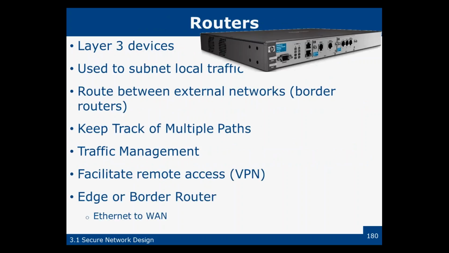Routers are layer 3 devices. We have routers that route in software and layer 3 switches that switch based on IP address in hardware. So if you have a layer 3 switch, it's A, going to have more ports, and B, it's probably going to be faster. But the layer 3 devices can be used to subnet the local network, create networks in and around it to separate traffic.